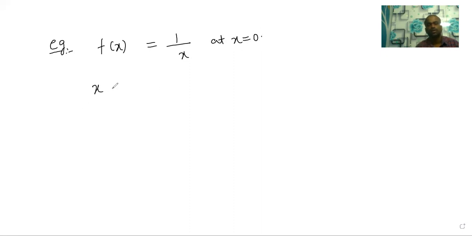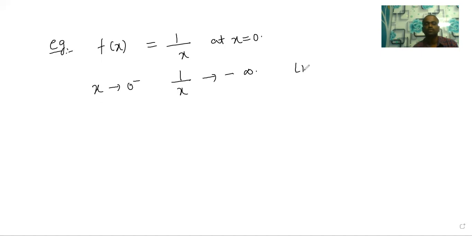Clearly, when x is tending to 0 minus, x is approaching 0 from the left side, meaning x is negative. Then 1 by x will be decreasing indefinitely, which means it is tending to minus infinity.